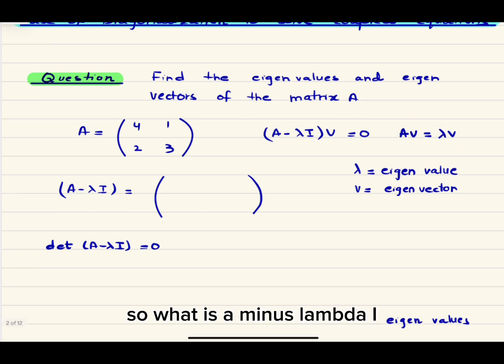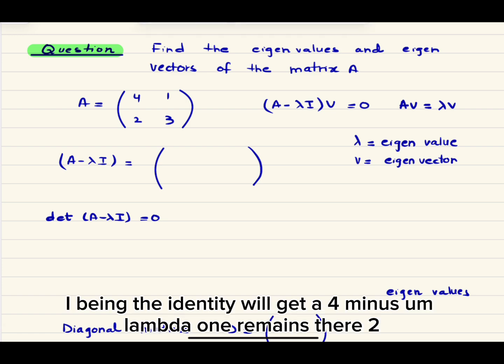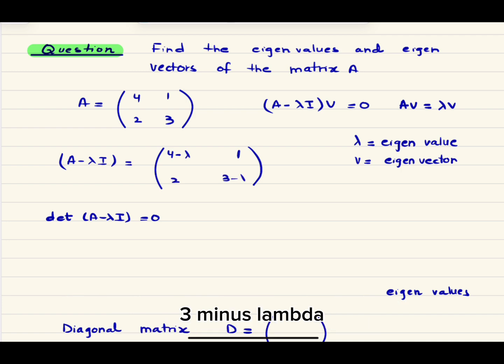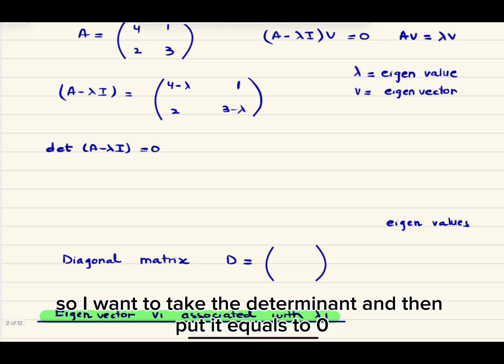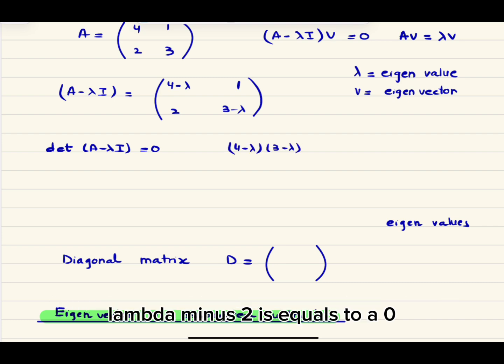So what is A minus lambda I? I being the identity, we get 4 minus lambda, 1 remains there, 2, 3 minus lambda. So I want to take the determinant and then put it equal to 0. The determinant is (4 minus lambda)(3 minus lambda) minus 2 equals 0.